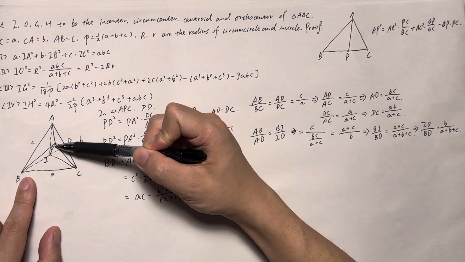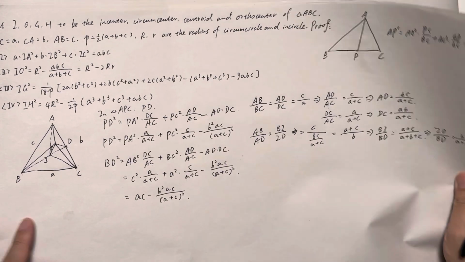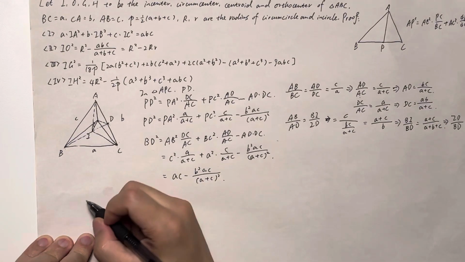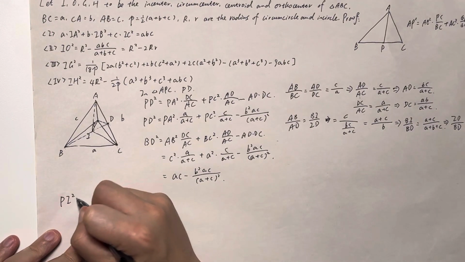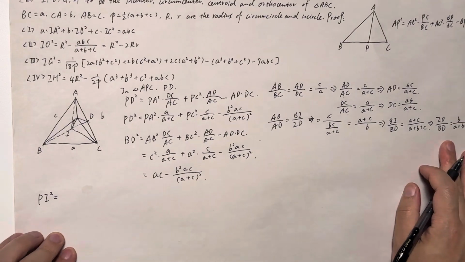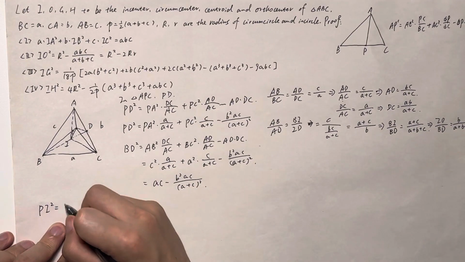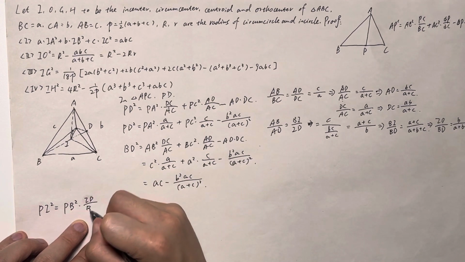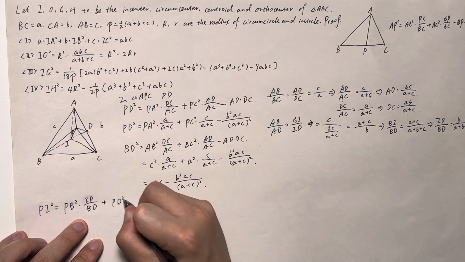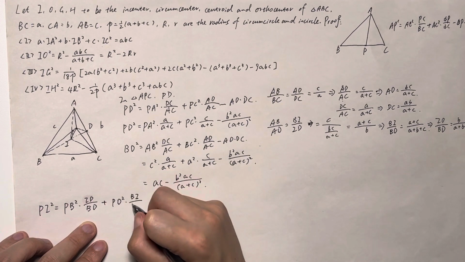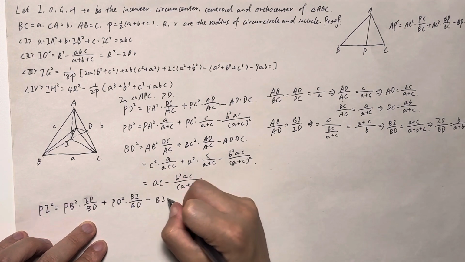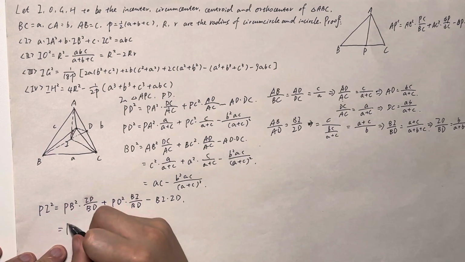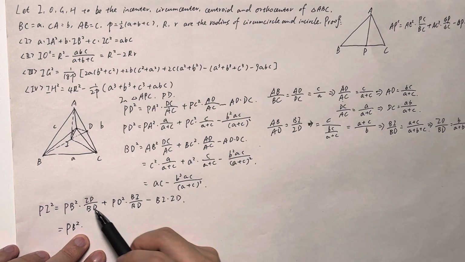So we can calculate the PI now, because PI squared equals PB squared times ID to BD plus PD squared times BI to BD minus BI times ID, right? It equals 2 PB squared times ID to BD.